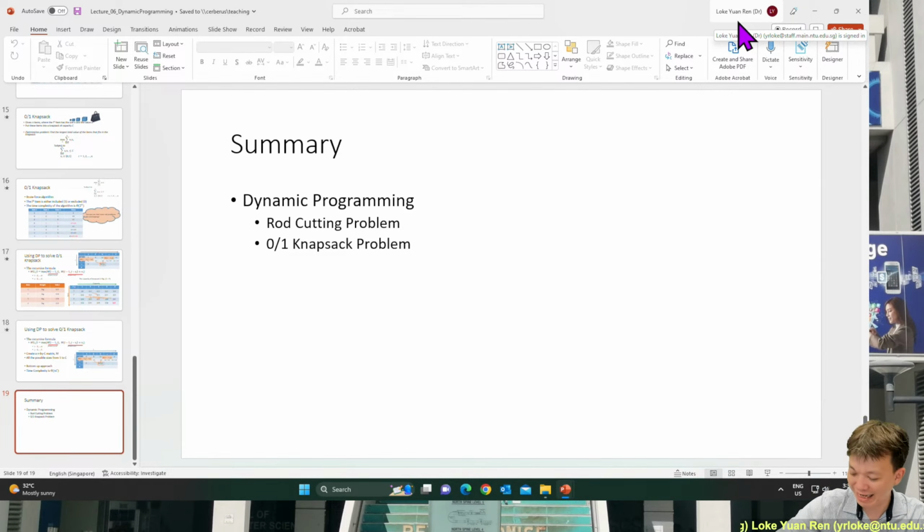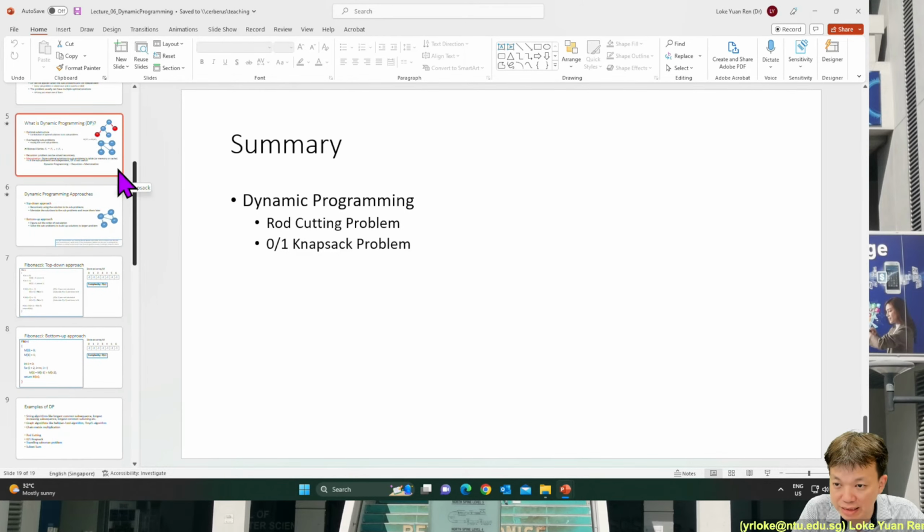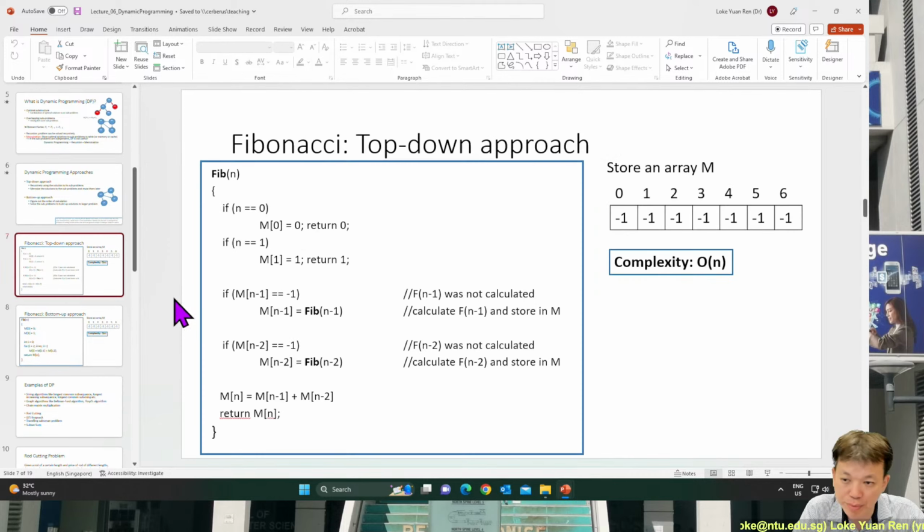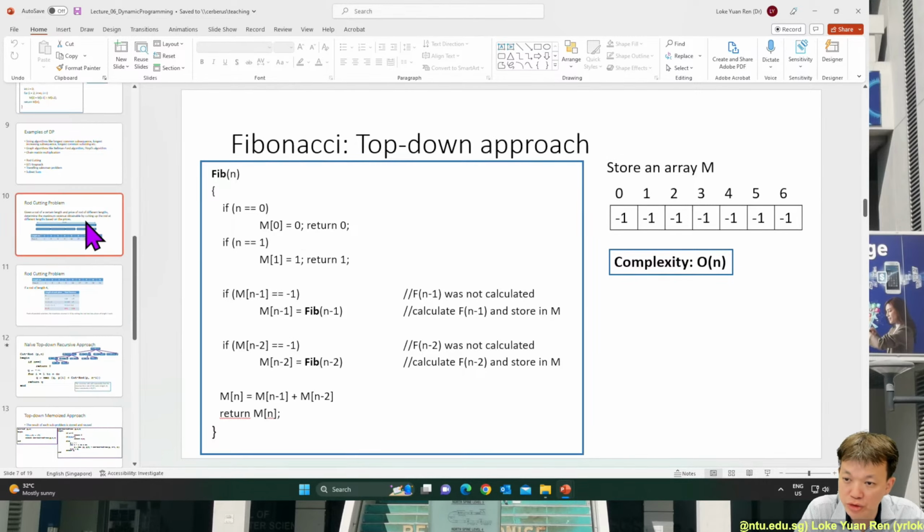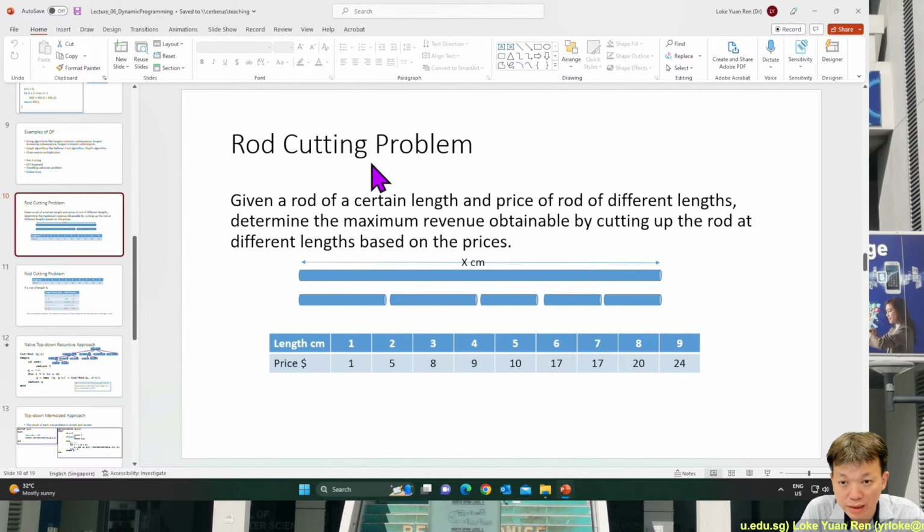Okay, sorry. So on Monday we have covered about the dynamic programming, and I have talked about two very classic problems. Fibonacci is the one I introduced on Monday, and then the rod cutting is one I would say is a kind of 1D dynamic programming problem, because the answer depends on the price.